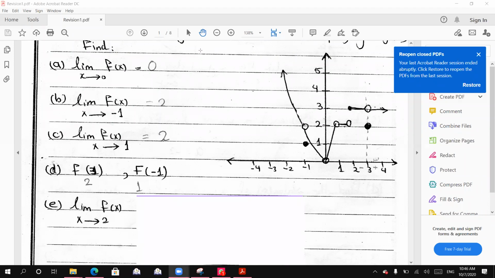Yes, you can ask. Now, always when x approaches 0, the answer is 0? No, according to the graph. Okay.